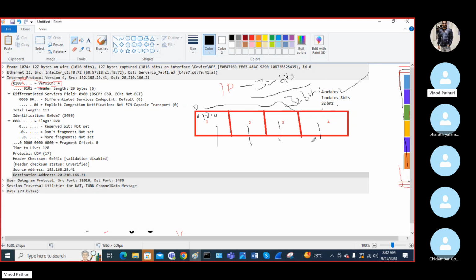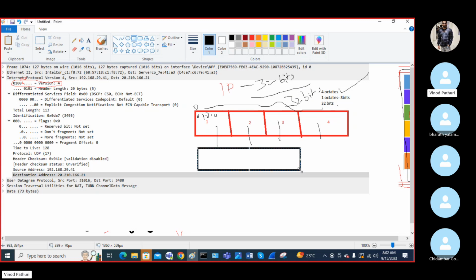So here we will call this a network. Basically, the first 3 will be called network octets, and the rest will be called a host. I'll tell you the difference.